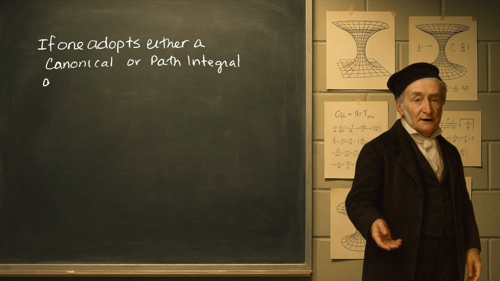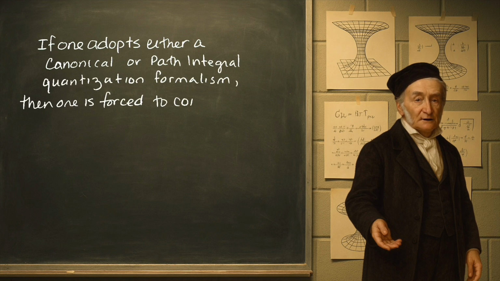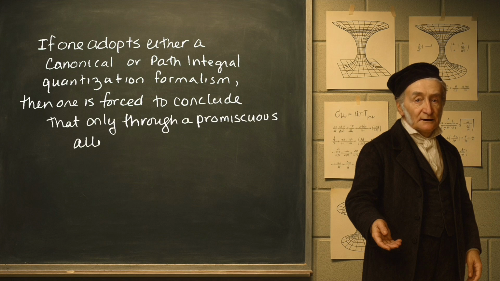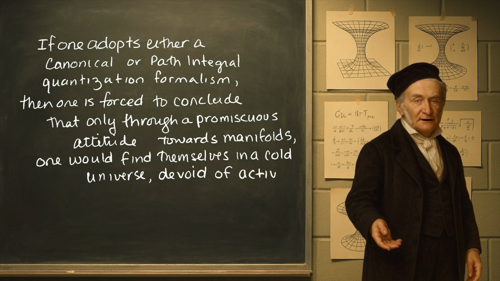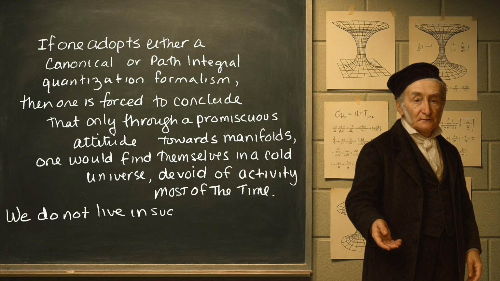If one adopts a canonical or a path integral quantization formalism, then one is forced to conclude that only through promiscuous attitude toward manifolds would one find themselves in a cold universe, devoid of any activity most of the time. We do not live in such a universe.